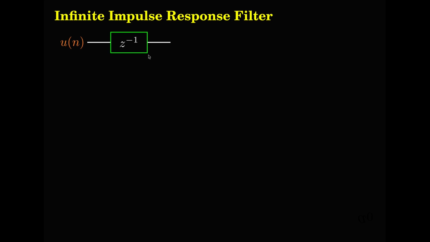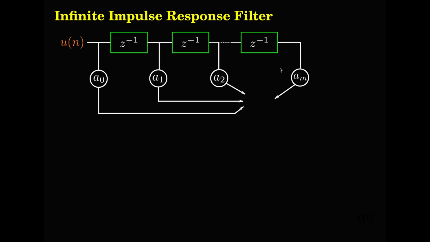I will do that just like the FIR filter. I will have m such unit delay blocks in cascade, and I will scale each of the points and then add them up. And I will get an output y of n, the discrete signal yn.